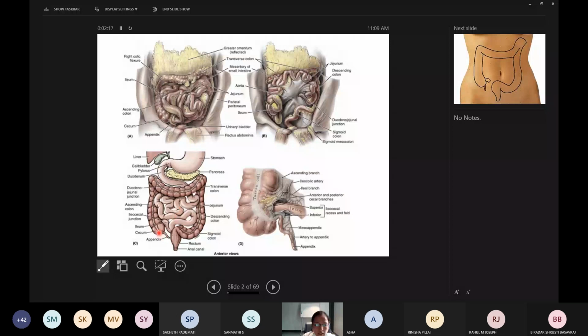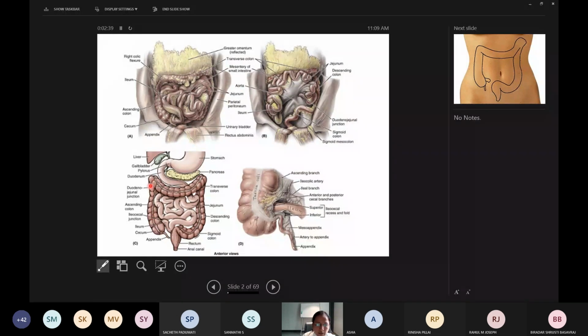So it includes the cecum, the appendix, the ascending colon, the transverse colon, the descending colon, the sigmoid colon, the rectum and the anal canal. Of this, the cecum is around 6 centimeters, the appendix is around 2 to 20 centimeters, very variable in length.